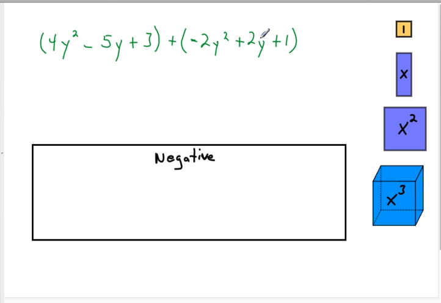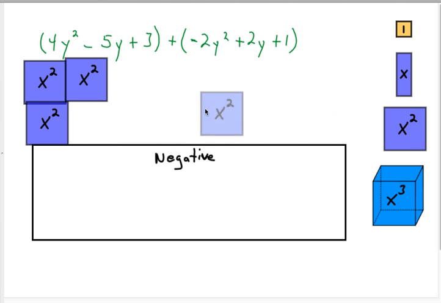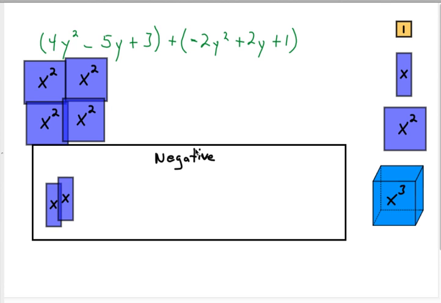Okay, this problem is slightly different in that there's some negative values. Now, we don't have algebra tiles that have different colors to show negativity or anything like that, and so to deal with that problem, we can just put any negative values in the negative box. So for instance, again, this says y, but we're going to use x, so we have 4y squared, so 1, 2, 3, 4, and then we have negative 5y, so we're going to put these in the negative area.